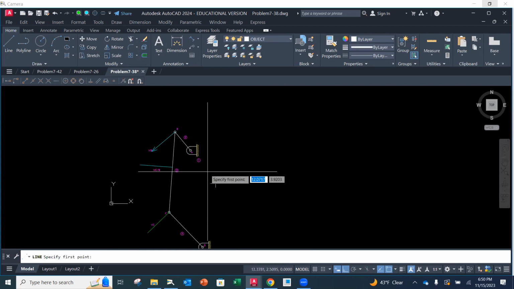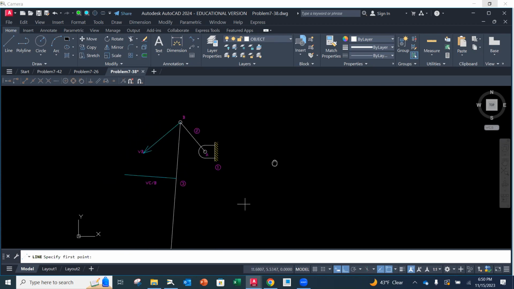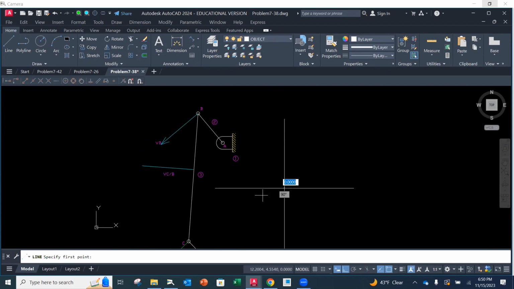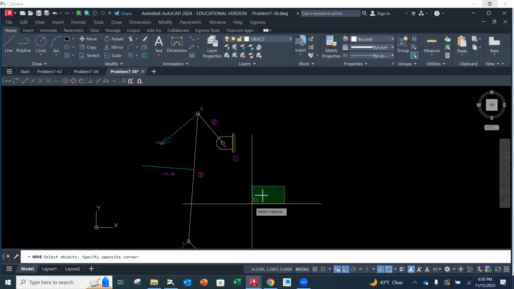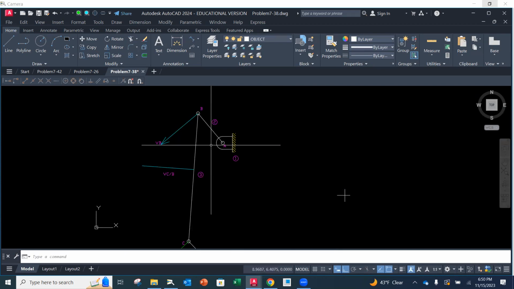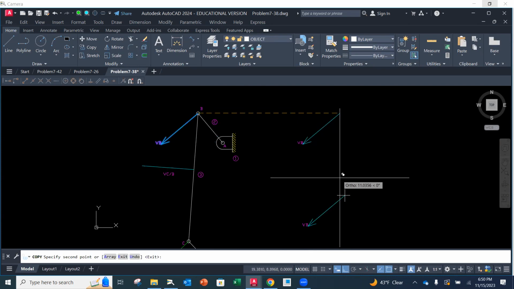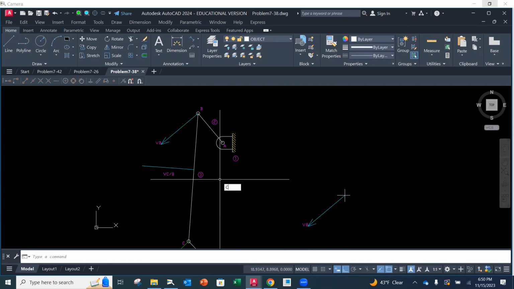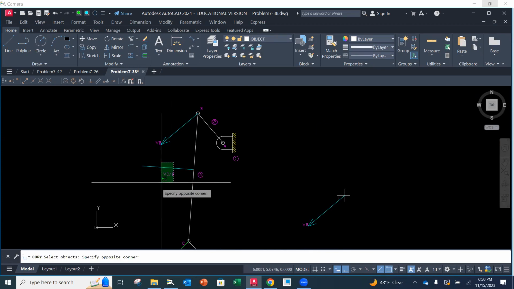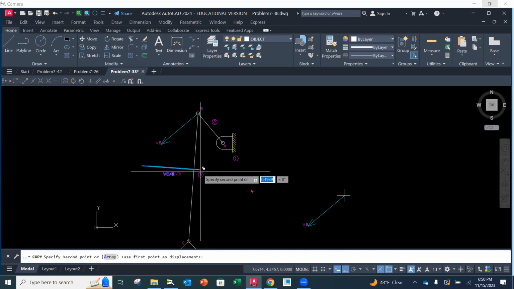And then we're going to do our vector equation. Move it over here. So I'm going to copy my velocity of B, put it at the origin. I'm going to copy the line of action of C relative to B.